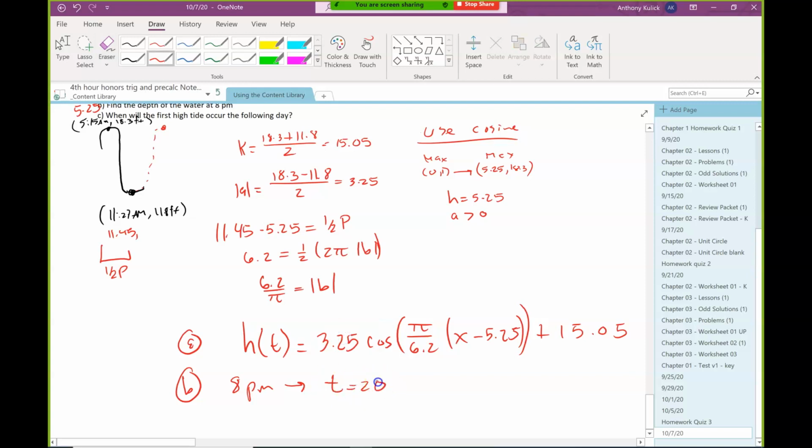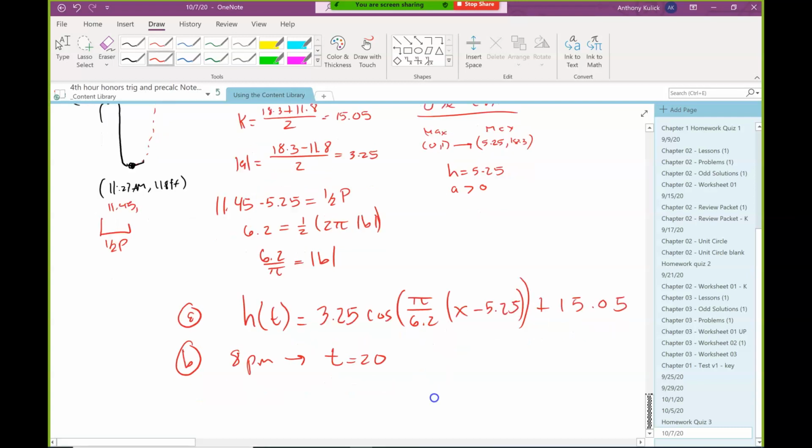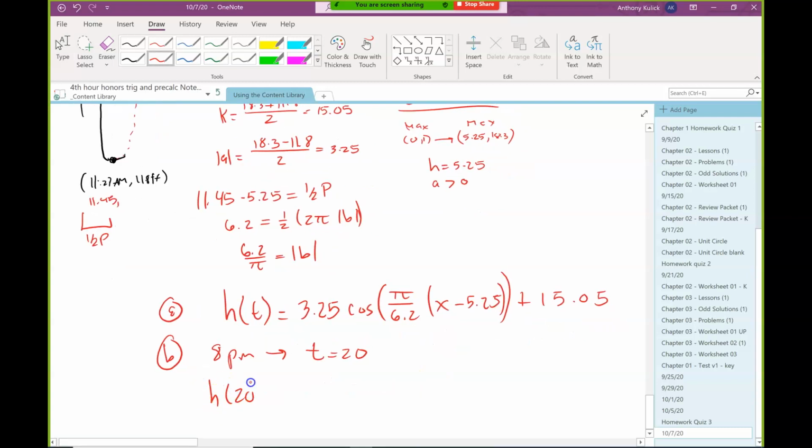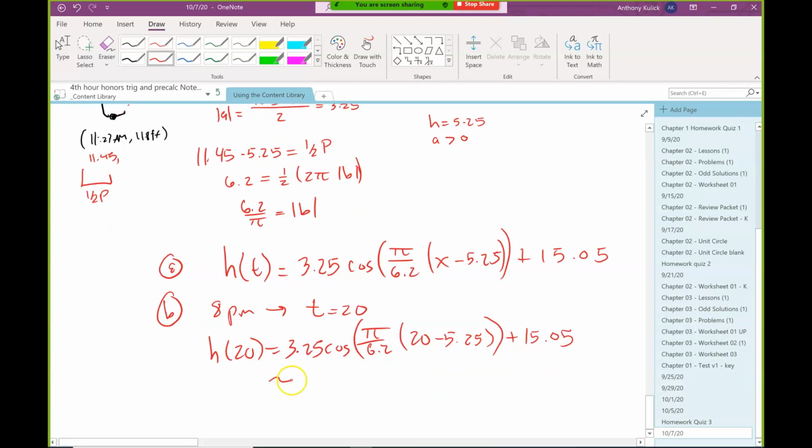So h of 20 gives me the depth. Everybody okay there?